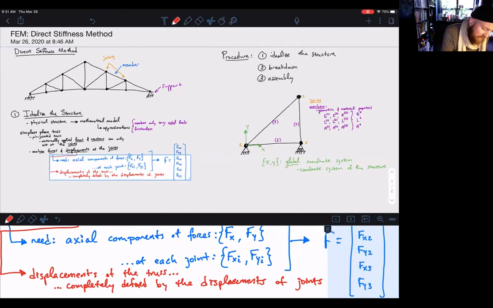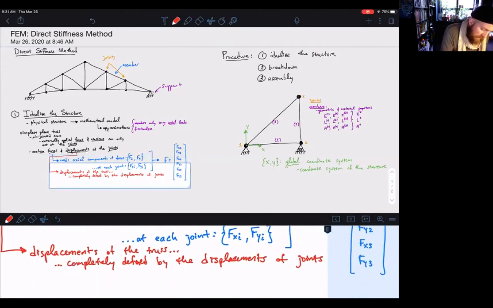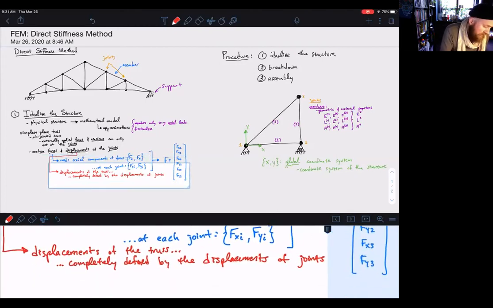And so the same thing is going to be true. There are 2 degrees of freedom, so we're going to expect a ux and a uy, where I'm using the lowercase u to denote the displacements.